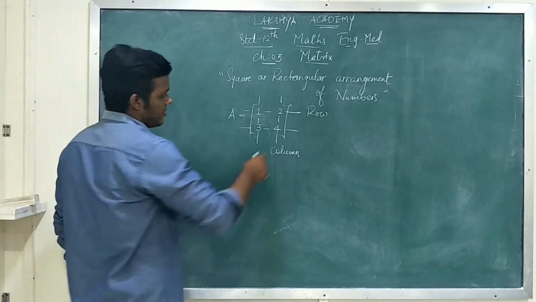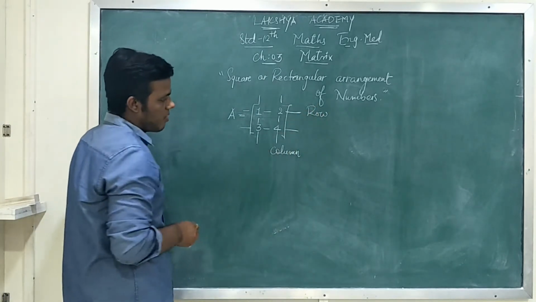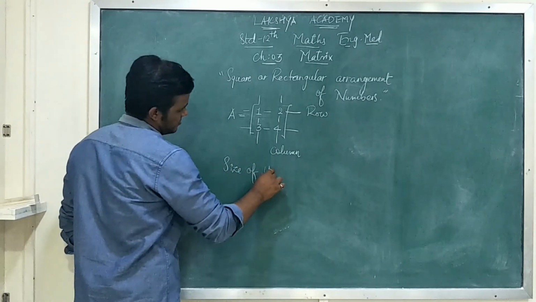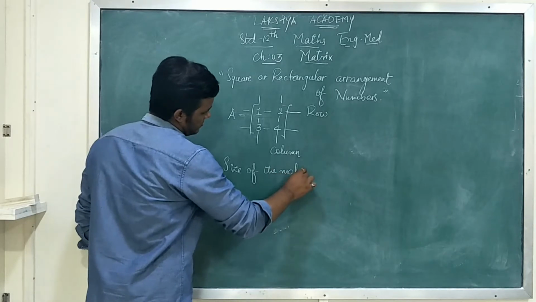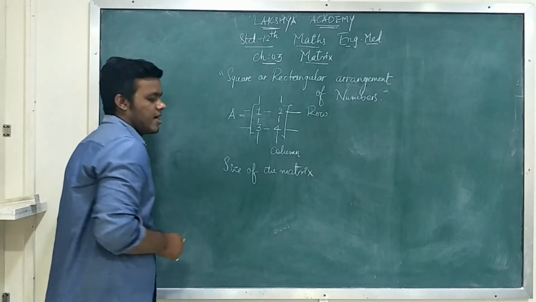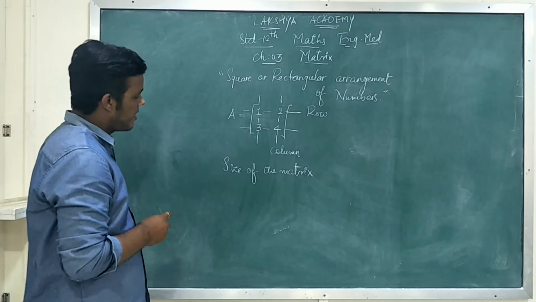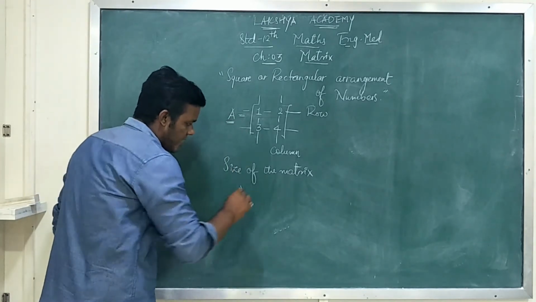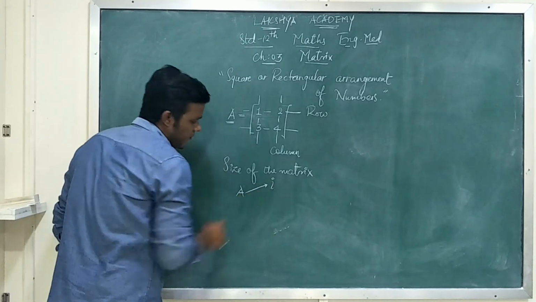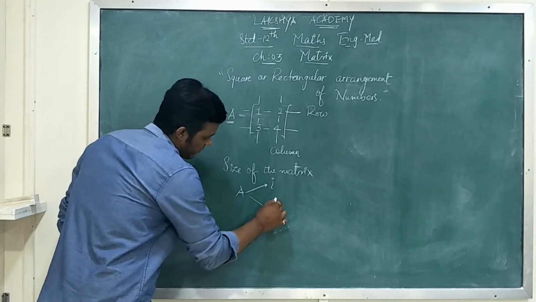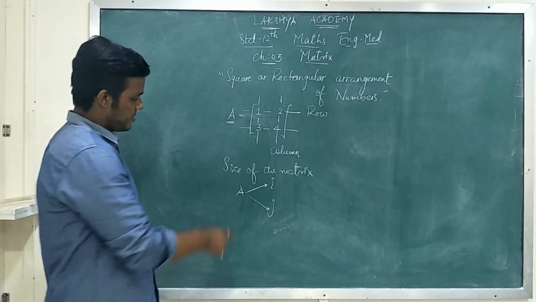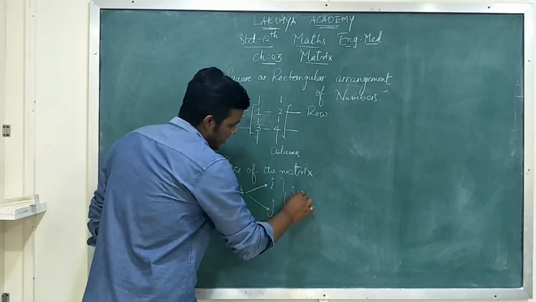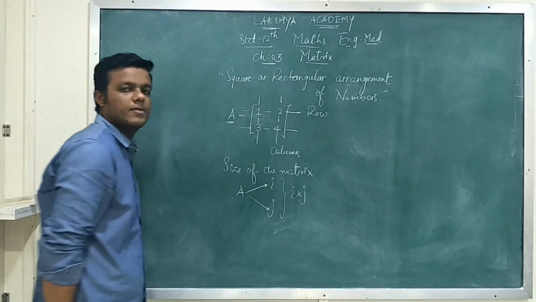Now, after understanding what a row and a column are, we will move toward the size of the matrix. If I have any matrix A which has i number of rows and j number of columns, then the size of this matrix A will be i cross j, right?